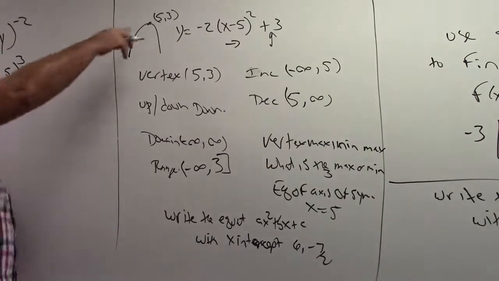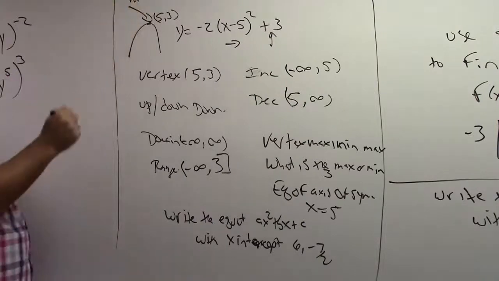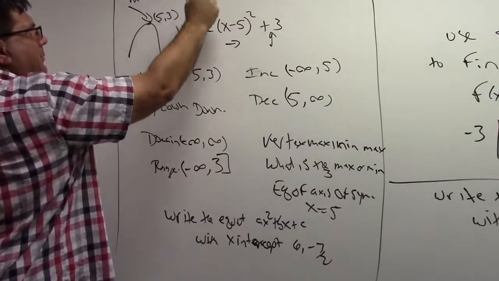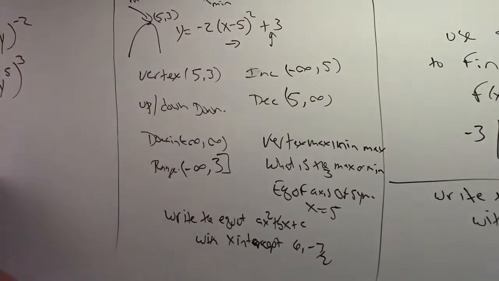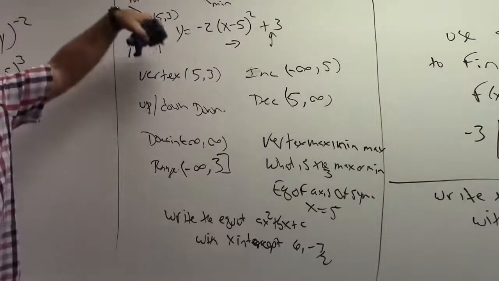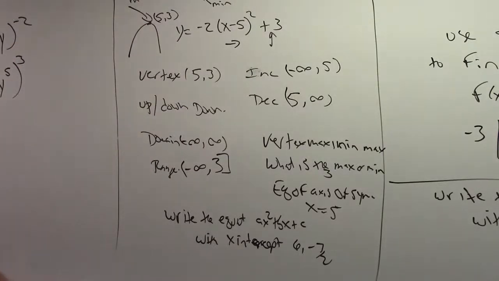If the parabola is concave down, then this is a maximum point. If it's concave up, then this is a minimum point. And you want us to use the y value for that? Yes. Is the vertex maximum or minimum? In this case, it's a maximum because it's concave down, and the highest value is 3. Alright, so 5.